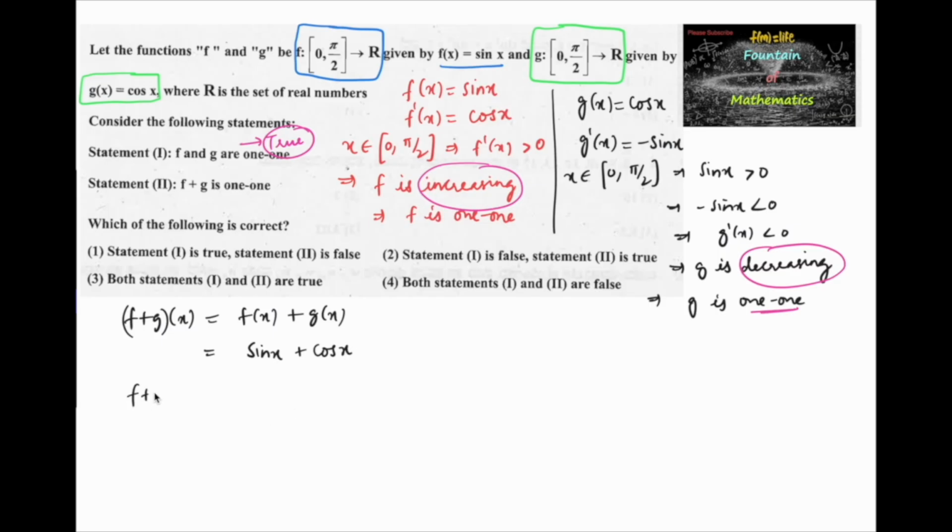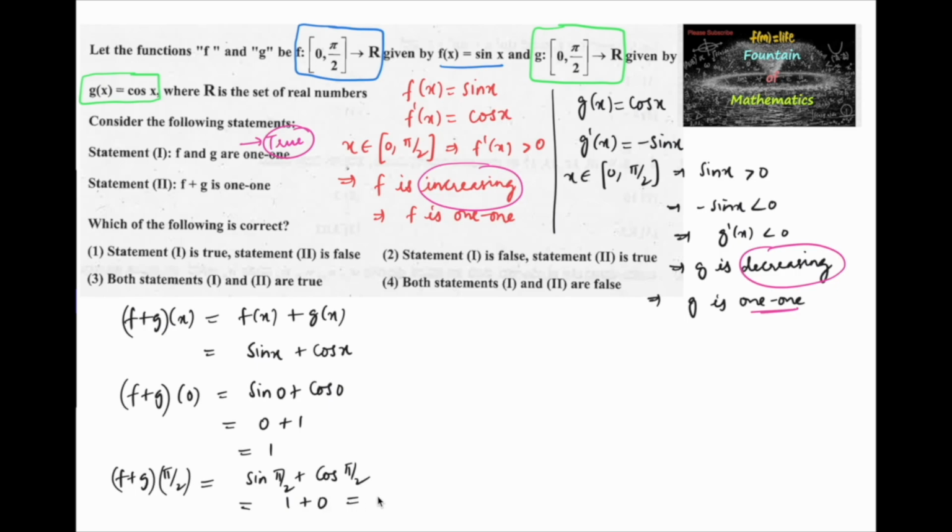Here, when x belongs to [0, pi/2], considering the boundaries, (f+g)(0) = sin 0 + cos 0. sin 0 is 0 and cos 0 is 1, so it is equal to 1. And (f+g)(pi/2) = sin(pi/2) + cos(pi/2), and sin(pi/2) is 1 and cos(pi/2) is 0, which is equal to 1.